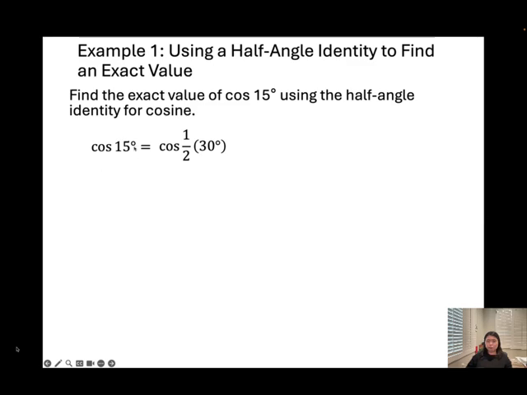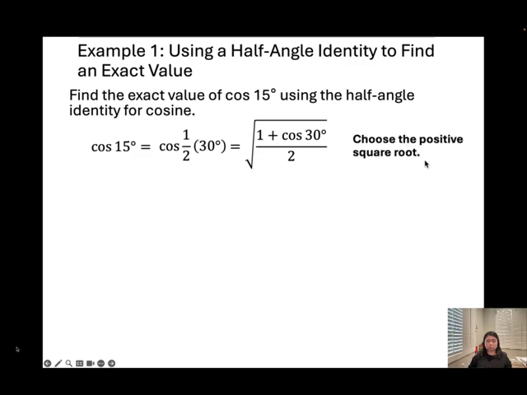15 degrees is in quadrant 1, and in quadrant 1 cosine is positive. Remember that this formula is plus minus, but since 15 degrees is in quadrant 1, we just choose the positive here. And what is cosine 30 degrees equal to?